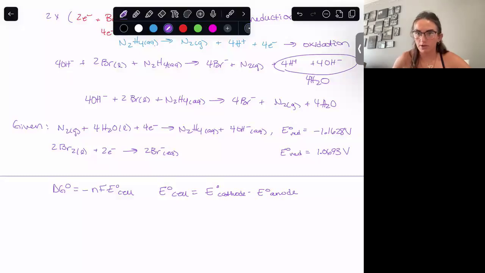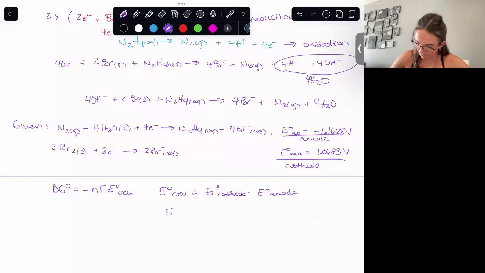Which one's our cathode, which one's our anode? Perfect. So this one is going to be our cathode. This one will be our anode.